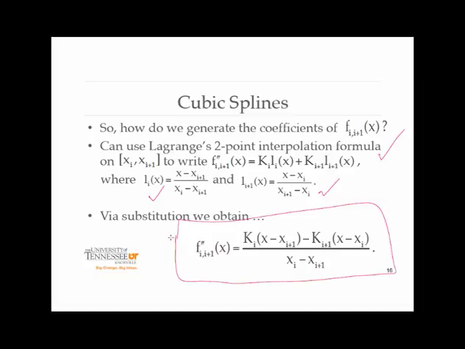That's what the second derivative would have to look like in terms of the curvatures and those x-coordinates, the grid. We call those grid points, or knots, remember, on the real axis. So this is the form that the second derivative of these piecewise cubics is going to have to take on, and this is the one for the subinterval i, comma, i plus 1.